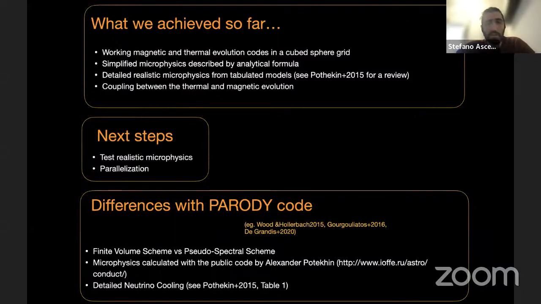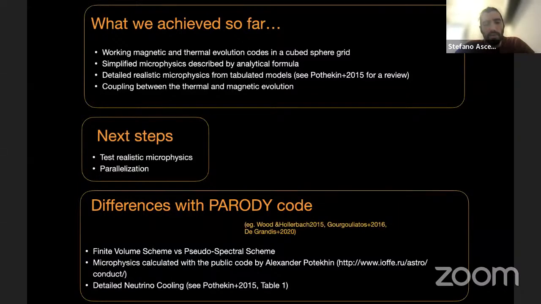And this is wonderful because it means that these codes are complementary. Finite volume schemes are more adapted to describe discontinuities in the solutions, while pseudo-spectral schemes can take into account higher multipoles, for example, in the magnetic field configuration.